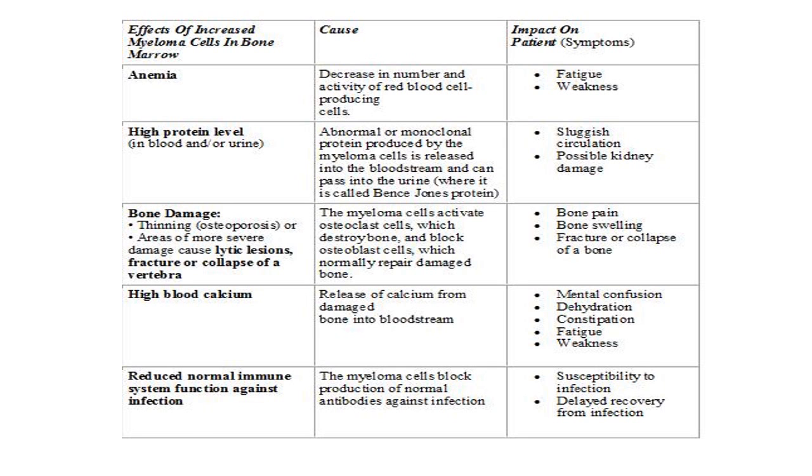I like this chart because I think it gives us a very good idea of the effects of increased myeloma cells in bone marrow and what we want to watch for as nurses and the impact on our patients. Obviously, with multiple myeloma, we have talked about how patients can have anemia, or decreased red blood cells, and that is due to the decrease in the number and activity of red blood cell producing cells, because the plasma cells are taking over versus our white blood cells, red blood cells, and platelets.